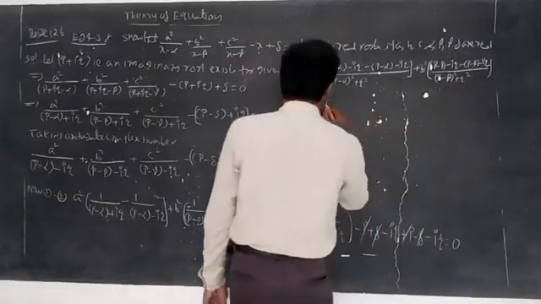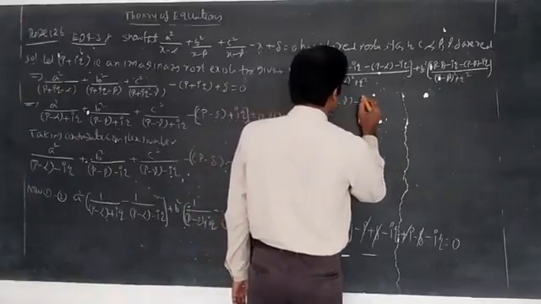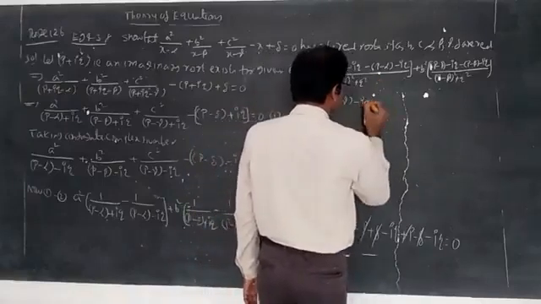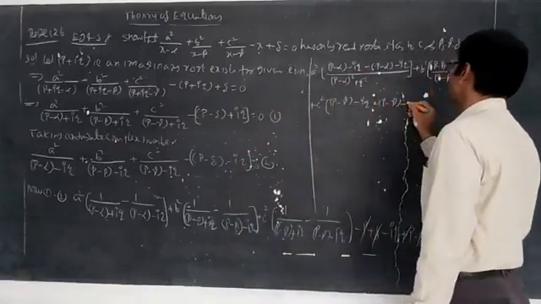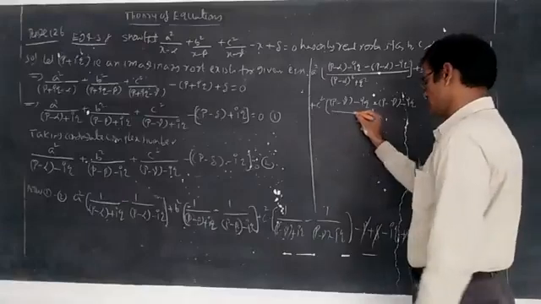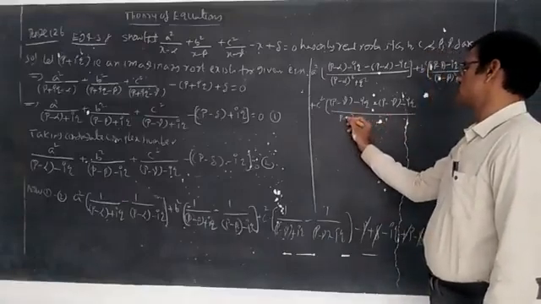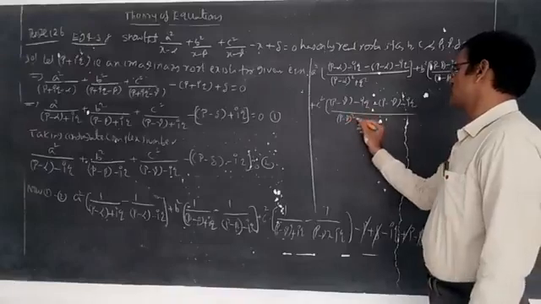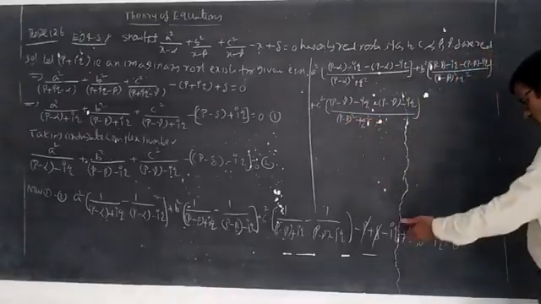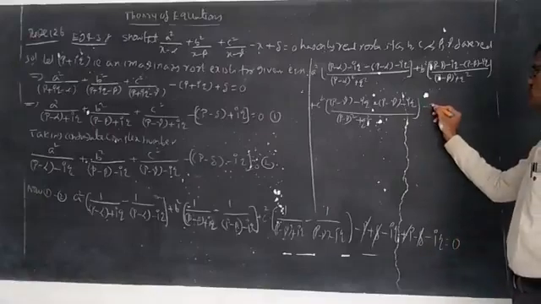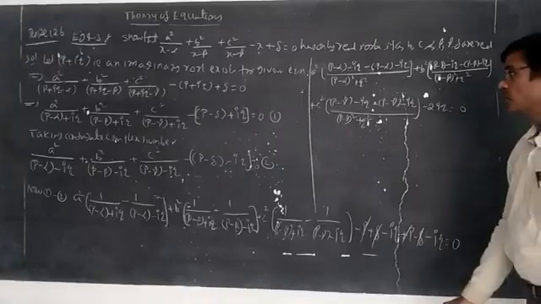Next plus c square into p minus gamma plus iq minus of p minus gamma minus iq, whole by p minus gamma whole square plus q square, and here we get minus 2iq, total equal to 0.